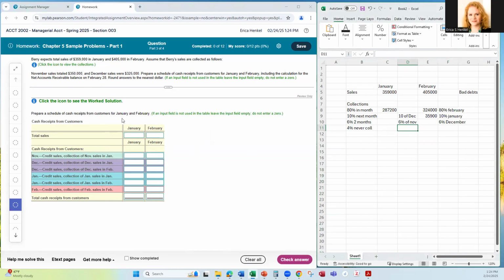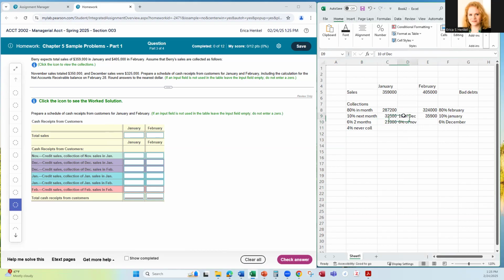Okay. So November sales were 350,000. So 0.06 times 350,000. And then December is 325,000. So we're going to collect 10% of that in January.